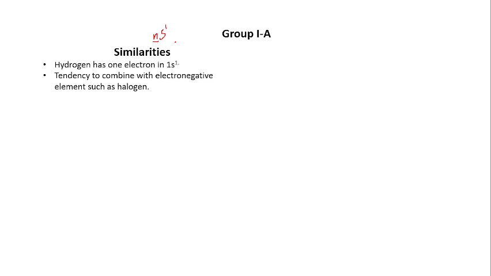Hydrogen and alkali metals combine with halogens to form ionic compounds. Hydrogen also combines with alkali metals, for example sodium hydride, like sodium iodide. Sodium combines with hydrogen and forms an ionic compound. Clear?